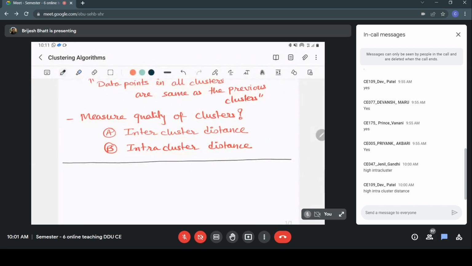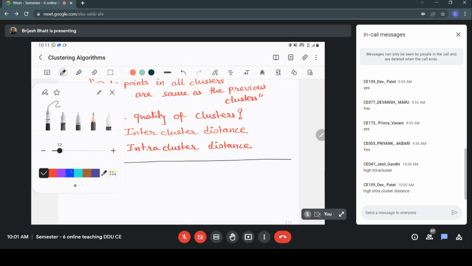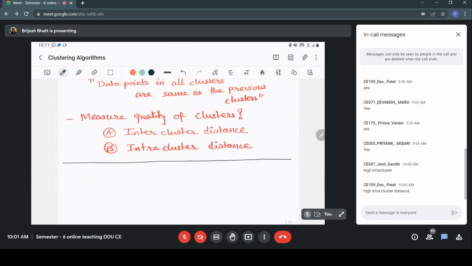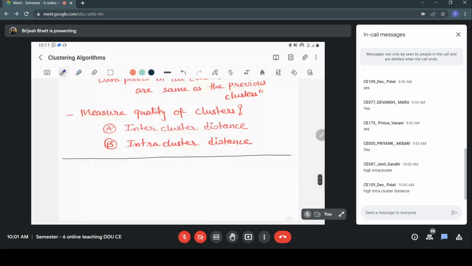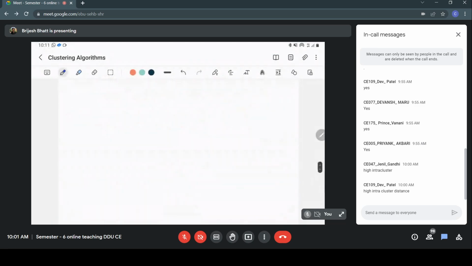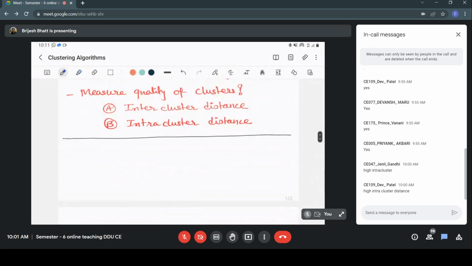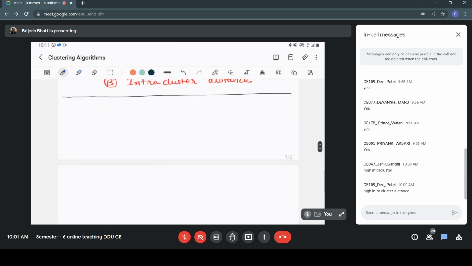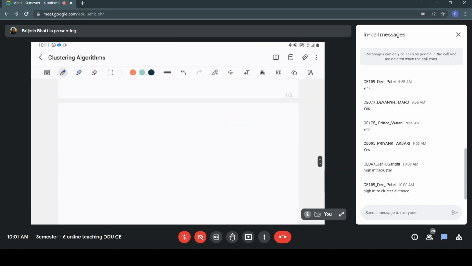Now let us see when we face problems with k-means clustering. One possible problem is when there are many outliers in your data set.